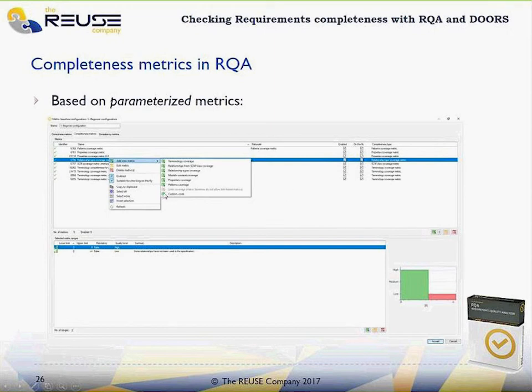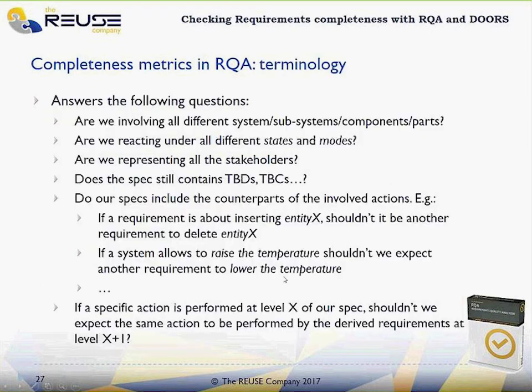You just right-click on the list and you add your metrics following one of these different types that I will describe in a minute. And as soon as you start creating or adding new metrics, you will find the complete set of metrics for completeness, let's say, right? So let me go one after the other.